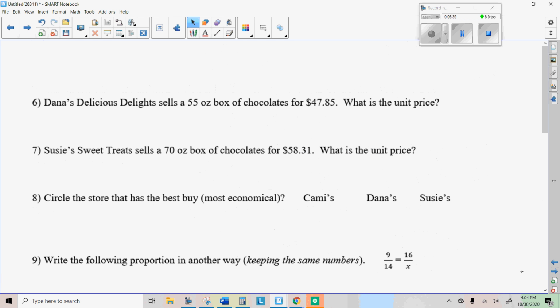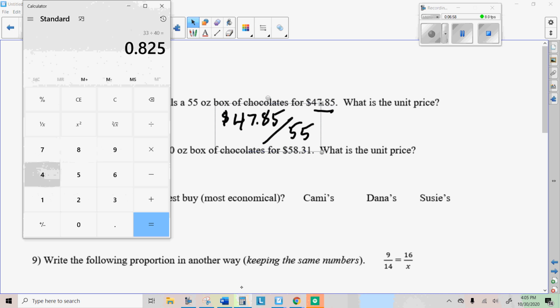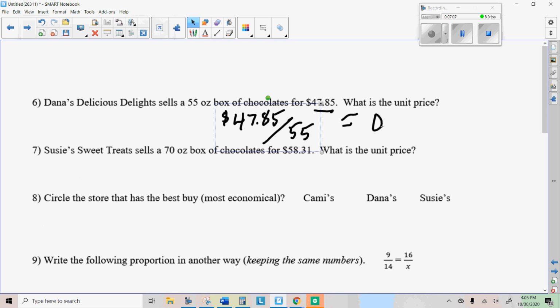All right. Dana sells her chocolates, a 55-ounce for $47.85. So $47.85 divided by 55 to get the unit price. That is 87 cents per ounce. That's a little more expensive than the last one.